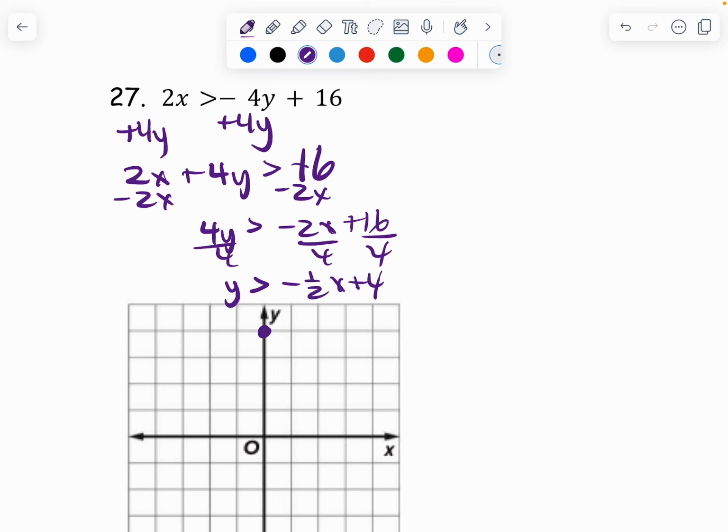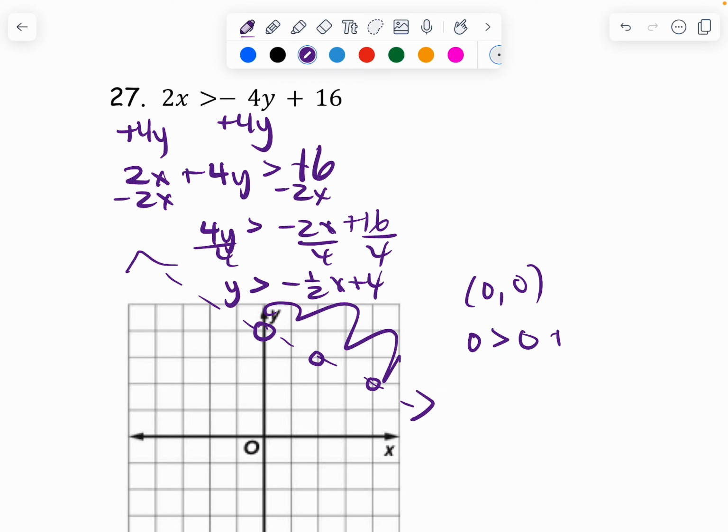So 4 is, oops, that is not a solid dot. It is an open dot. Down 1 over 2, down 1 over 2, and like so. It is greater than. If I plug in 0, 0, I get 0 is greater than 0 plus 4, and that is a false statement.